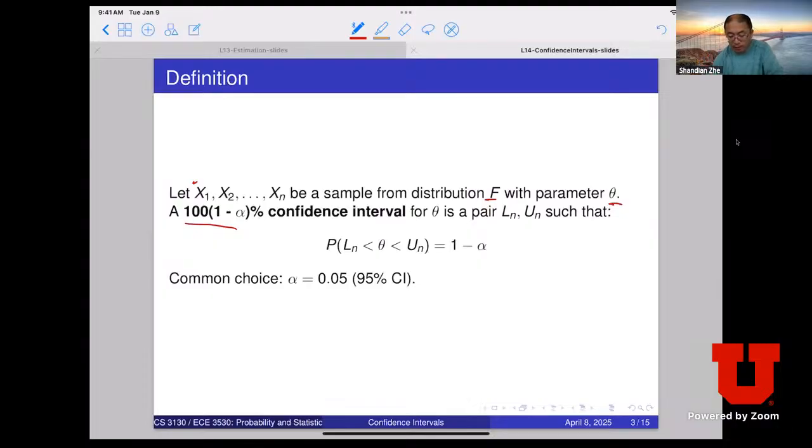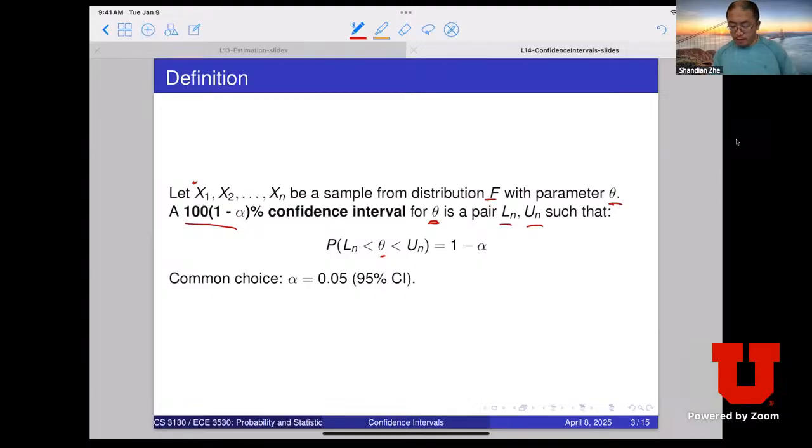And this confidence interval is for the parameter theta, which is usually unknown. This confidence interval consists of a pair Ln and Un. So Ln is the lower bound, Un is the upper bound, such that the probability that the ground truth parameter theta falls in this interval is 1 minus alpha.